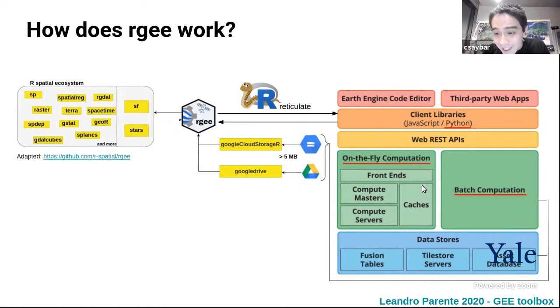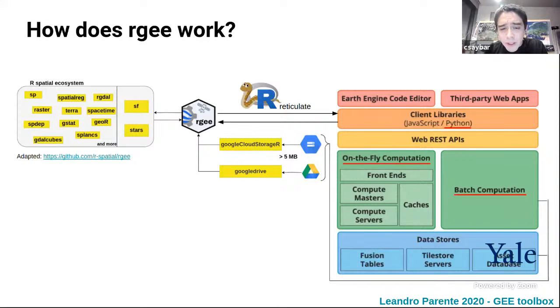That is, in a nutshell, how rGEE works. We use reticulate just to embed a Python session within an R session. And honestly, this is not a big deal, because reticulate, from RStudio, is a really amazing package for transforming R code into Python code. It's just a question of a few lines of code.